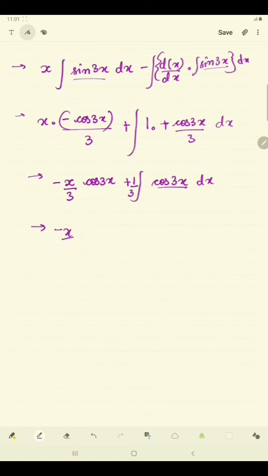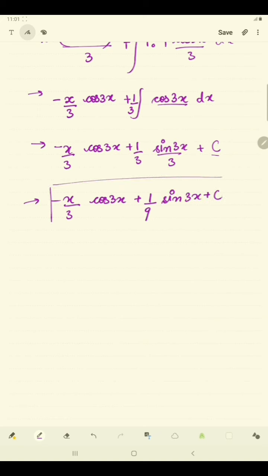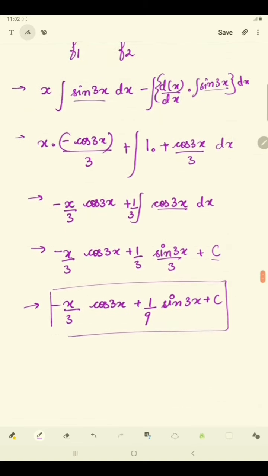The integration of cos 3x is positive sin 3x by 3, plus c, the constant of integration. So the final answer is minus x by 3 cos 3x plus 1 by 9 sin 3x plus c. So this is the final answer. The second question is also done.